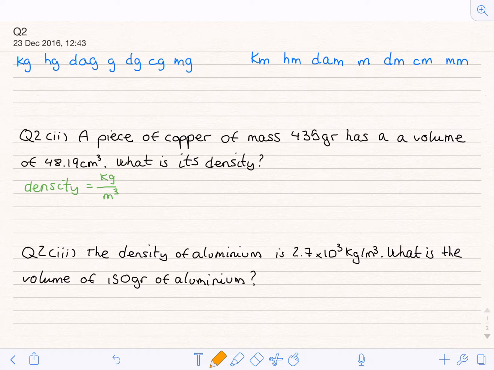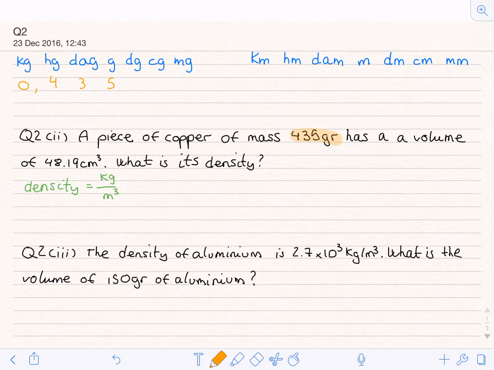Why is that? Because if we were to transform, let's say, 435 grams into kilograms, because this is the unit we have to use here, what we do is we put 435, and we want to reach kilograms, so you put a 0 here and this is the kilograms, so it would be 0.435.